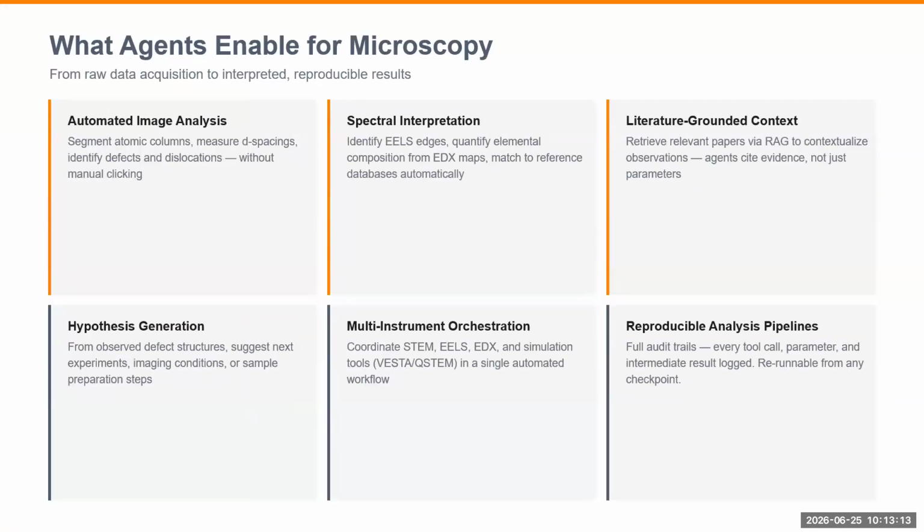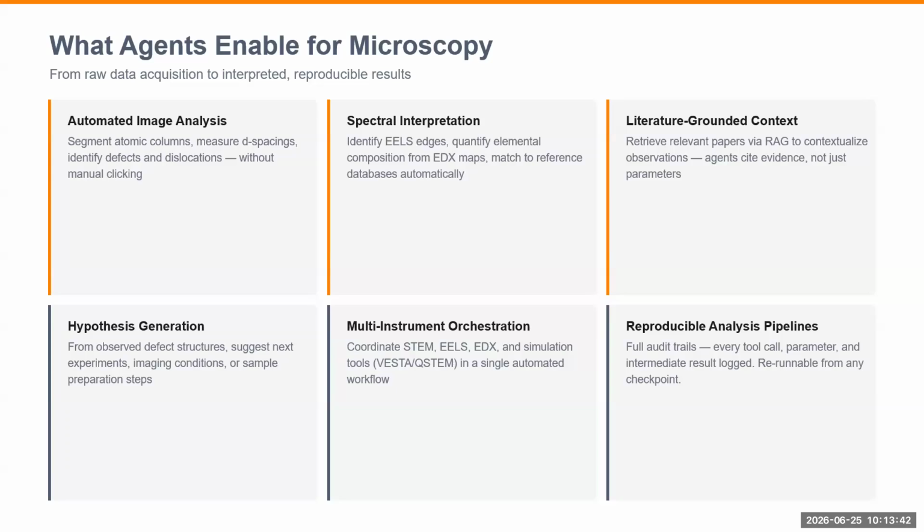So some of the things that we can actually use agents for in microscopy are automated image analysis and spectral interpretation. We can use a RAG function to grab literature, and using literature, we can also do hypothesis generation. This hypothesis generation will allow the agent to observe the results, for example defect structures, and suggest next experiments, imaging conditions, or sample preparation steps.